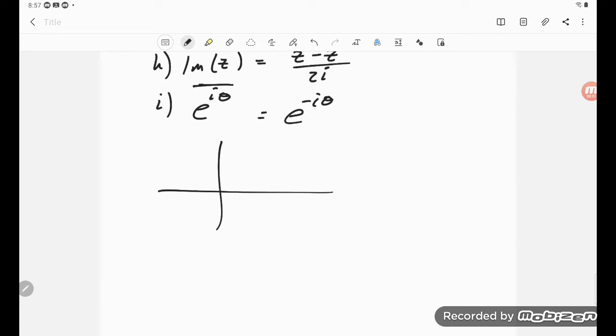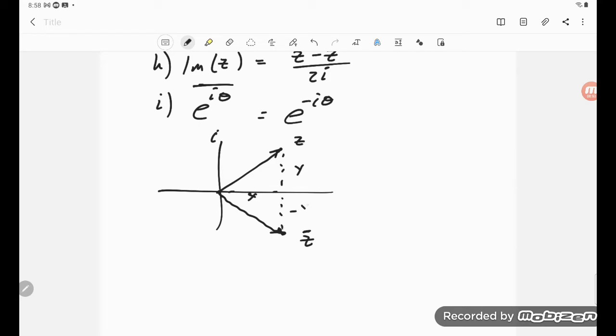Now, here's a nice picture of that. If I've got z out here, and that was x plus iy, so that's y there. Then the conjugate is x minus iy, right? So I would just come down here. So x is the same. So here's z bar.